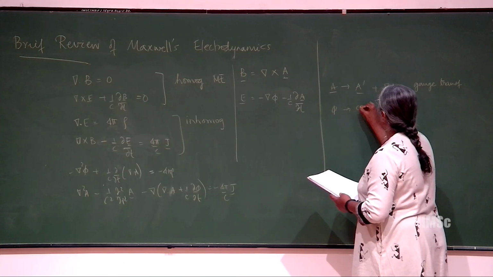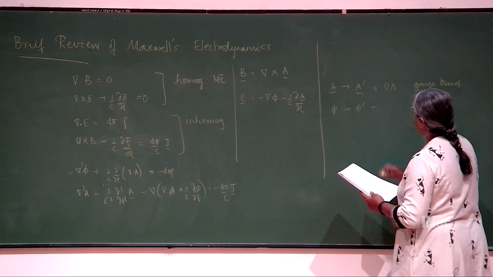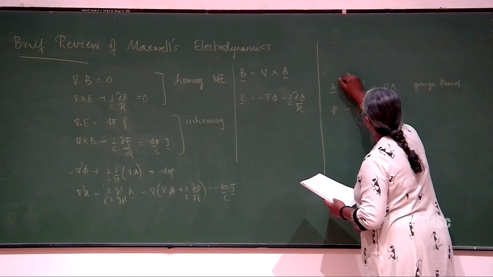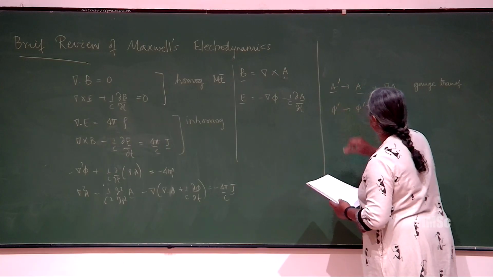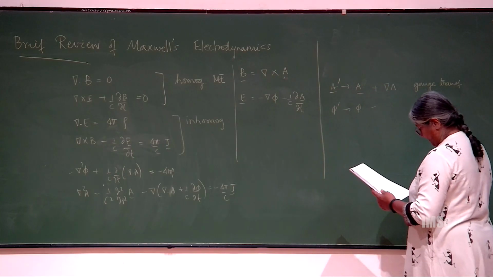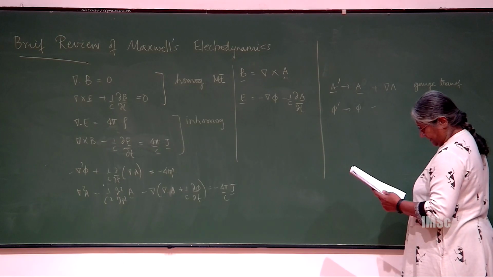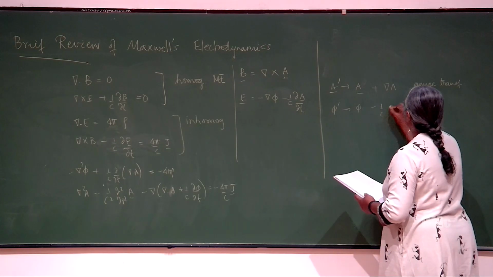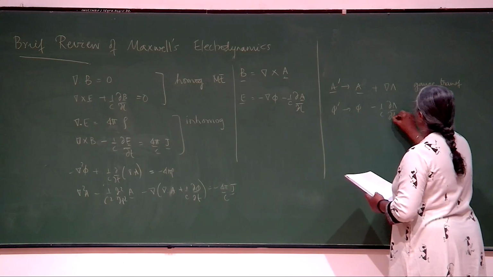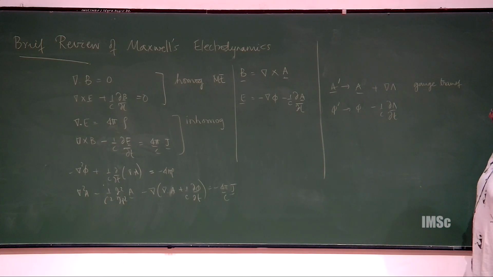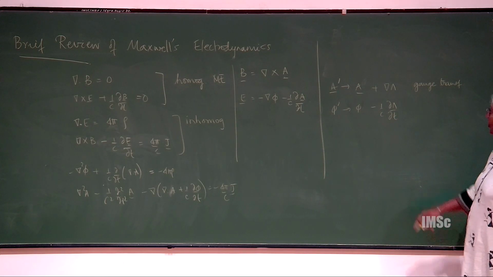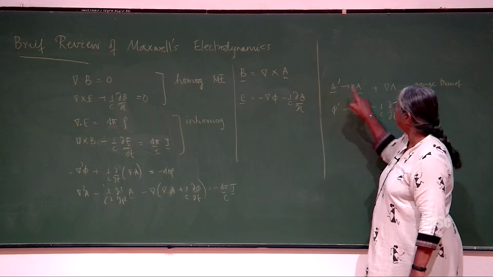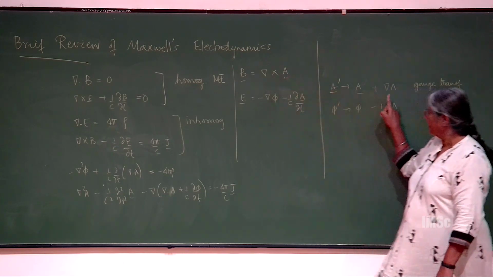Simultaneously I shift phi to phi prime, sorry, A goes to A prime, which is A plus del lambda, phi goes to phi prime, which is phi minus 1 by c d lambda by dt. So you can see immediately, for example, the extra term will be del cross del lambda.